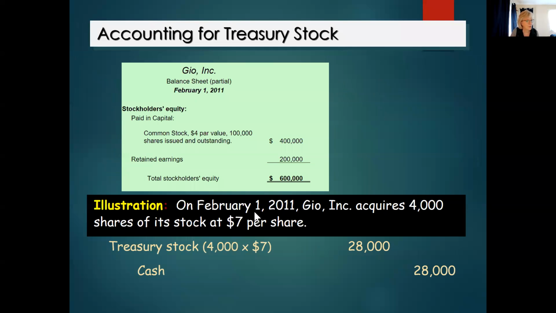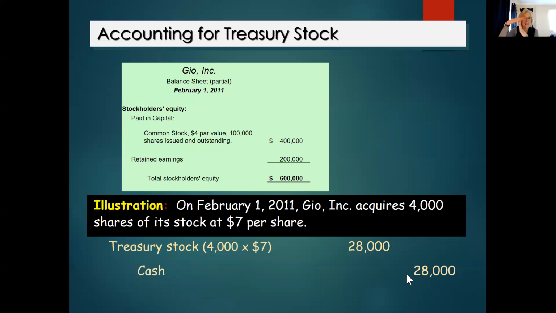On February 1st, Geo Company acquires 4,000 shares of its treasury stock at $7 a share. And we don't care about par value for treasury stock. We just book it at the cost that the company paid for it, okay? So they just say debit treasury stock, credit cash.